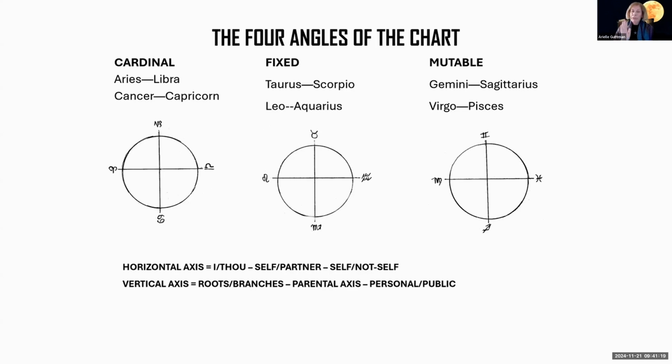Whereas I feel like the vertical axis is the roots of the tree, the IC, and the branches and leaves all the way reaching to the sky, the MC. It's also our parental axis, and how stable was that when we were a child? And also, how well do you do in the public?